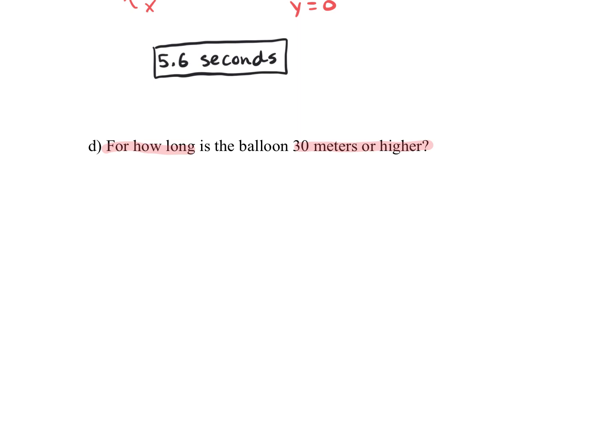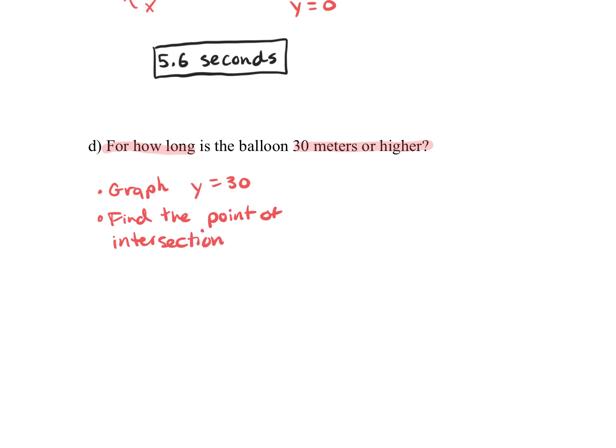Remember, we can't plug in a y value and get an x value, but what we can do, one option, is we can actually graph the line y equals 30, and then we're actually going to find the point of intersection between those two graphs.